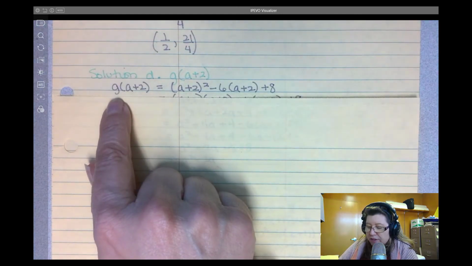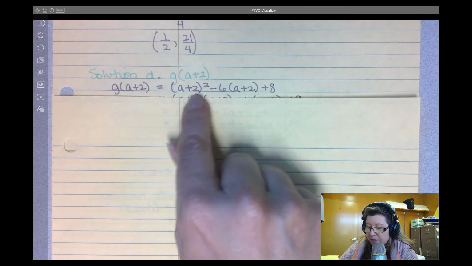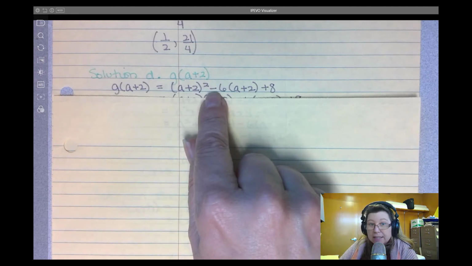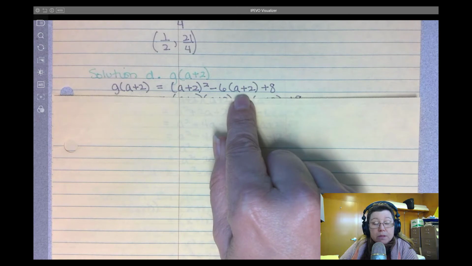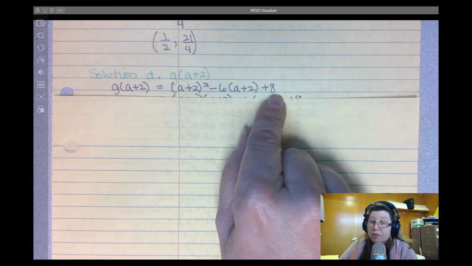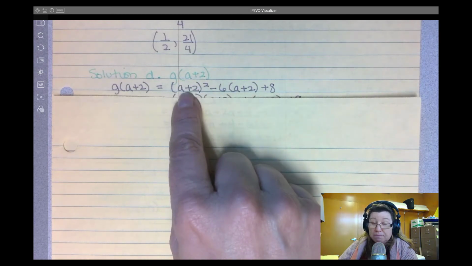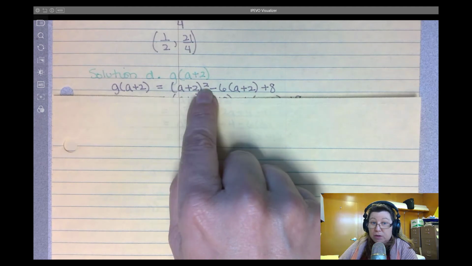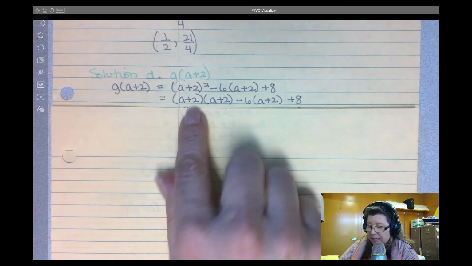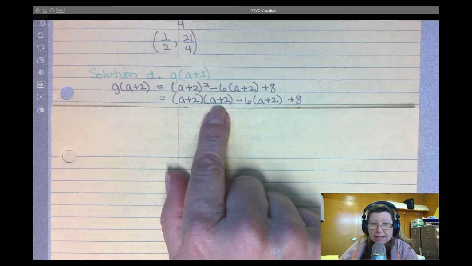All right, g of a plus 2 is (a plus 2) squared minus 6 times (a plus 2) plus 8. Now, following order of operations, I am going to expand this (a plus 2) squared. I find it easier if I write it twice, and that way I can FOIL it and follow along.